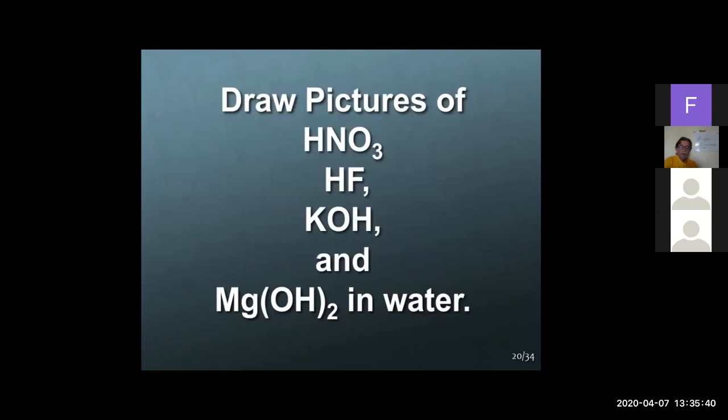So here they're asking you to draw pictures of nitric acid, HF, hydrofluoric acid, potassium hydroxide, and magnesium hydroxide. Well, in order to do that, we have to recognize and define it first. Is it a strong acid or base, or is it a weak acid or base? So if you look at HNO3, guess what? From the list we gave you here, that's a strong acid.